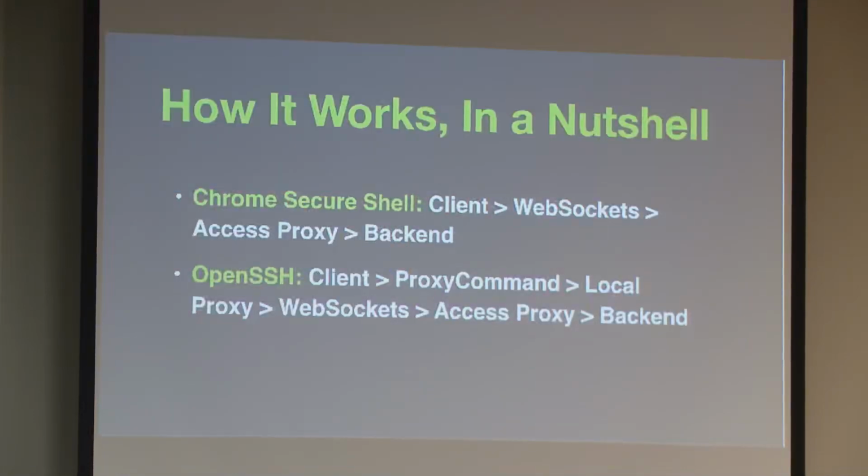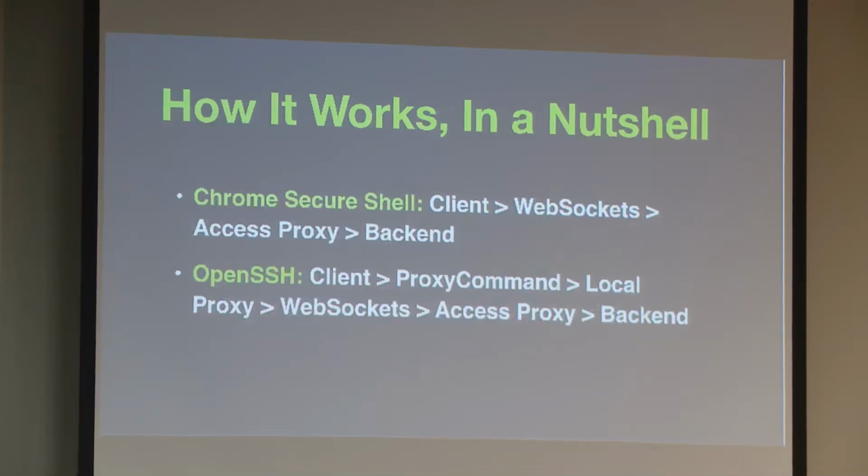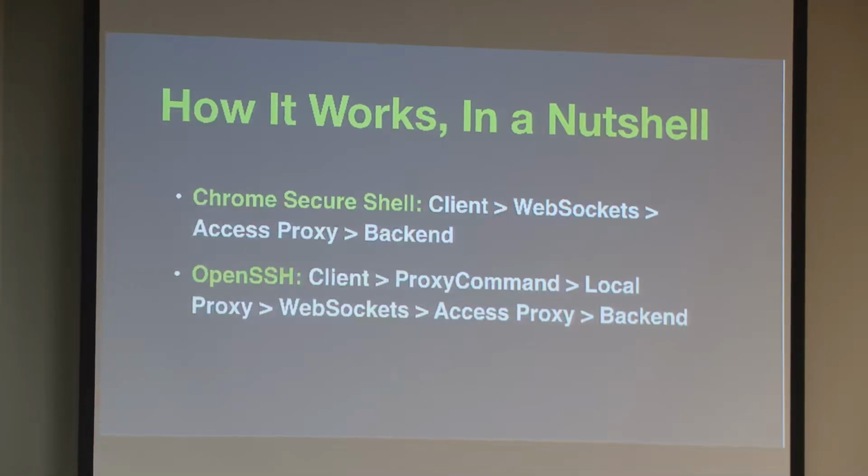Okay, so how this works in a nutshell. For Chrome Secure Shell, we have the Chrome Secure Shell client, which communicates with the access proxy that you specify over WebSockets, and then eventually those bytes just make their way to the backend service. For OpenSSH, it's a little more complex.